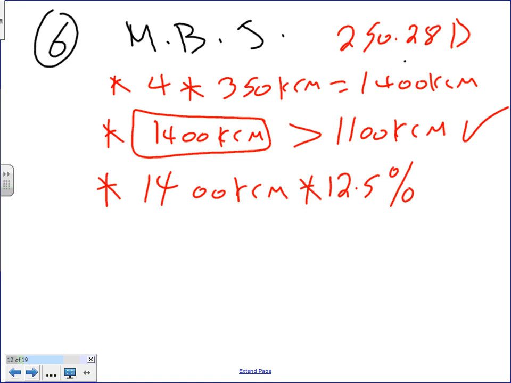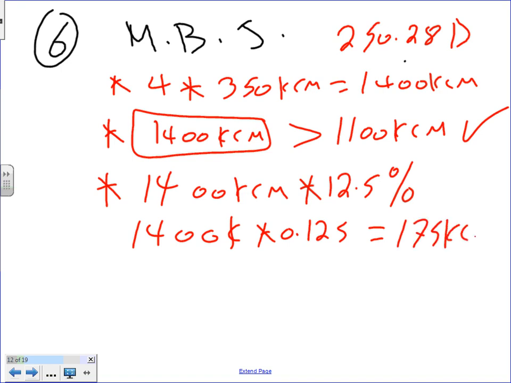And if you do this math, 1400 kcm multiplied by 0.125 will get you a healthy 175 kcm. Okay, up to this point, I have no clue what size conductor this is. Does anybody know what size conductor this is?